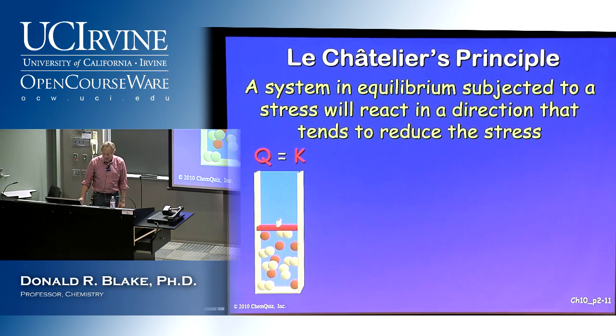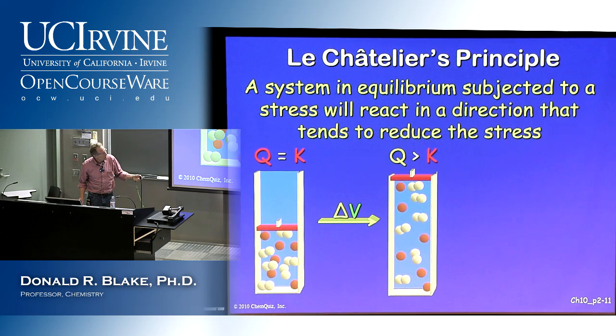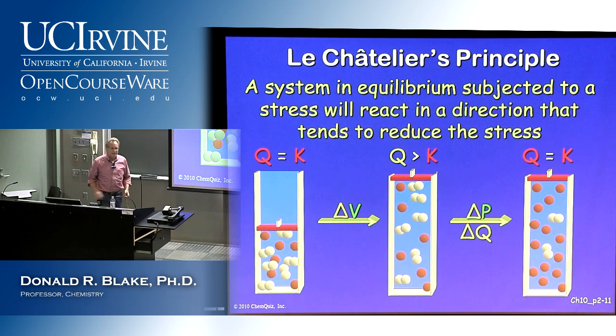Here's a cartoon of that. This is the same exact question. You're at equilibrium with your NO and your N2O4 right here. You change the volume and this is going to shoot up. Because the pressure changed, the Q changed, and now we're at equilibrium again.